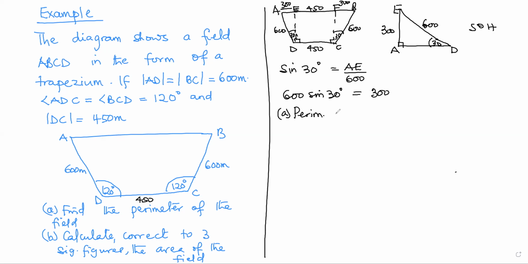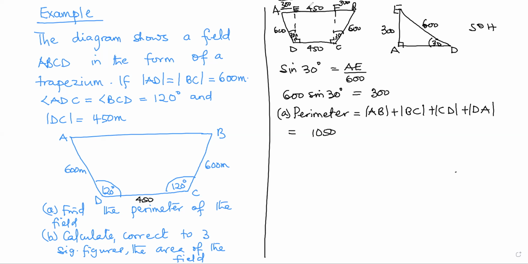And the perimeter of the field will be my AB plus my BC plus my CD and plus my DA. So my AB, as we said, is your 300 plus 450 plus 300. Okay, so 300 plus 300 plus 450 is giving us 1050.